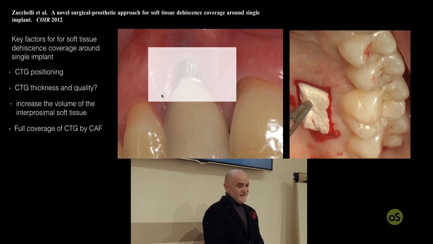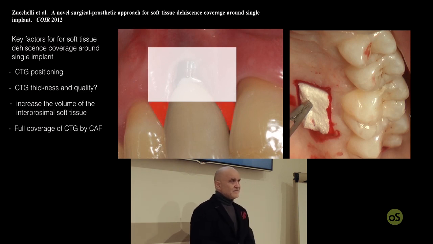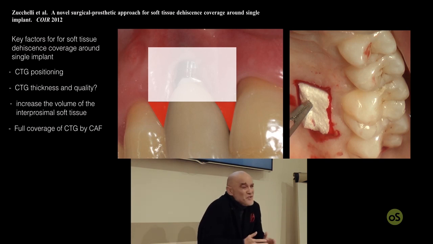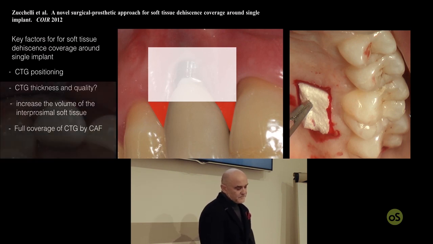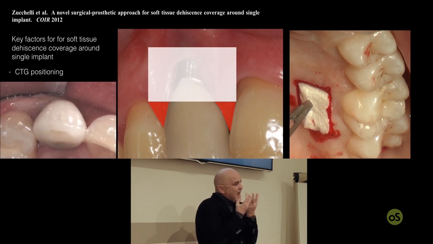But now, is this papilla good enough to anchor the graft, to anchor the flap? No! Never. Never. And this is mainly because there is this crown overhanging, very, very buccally.